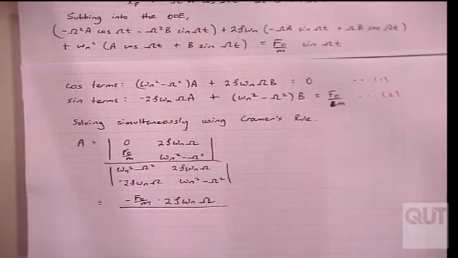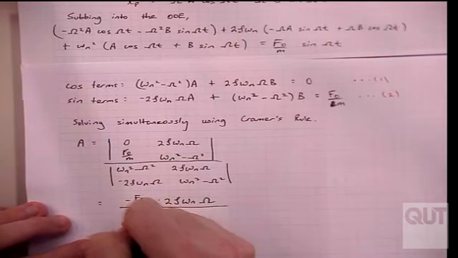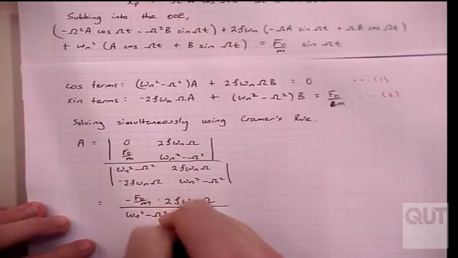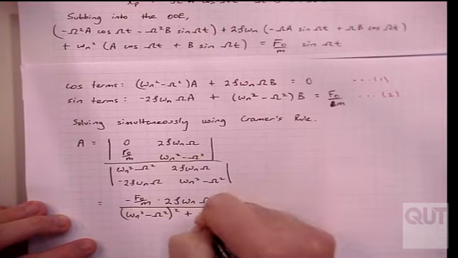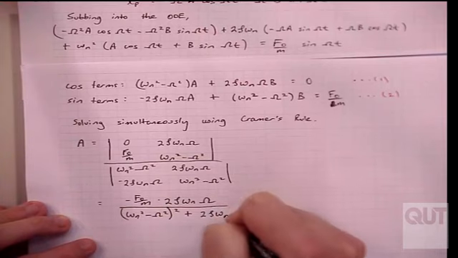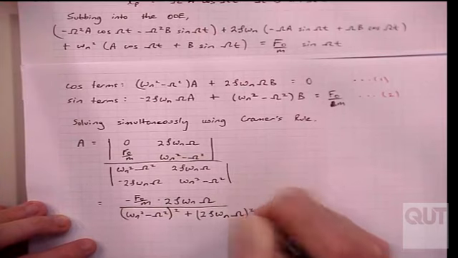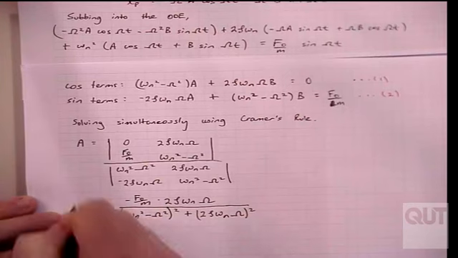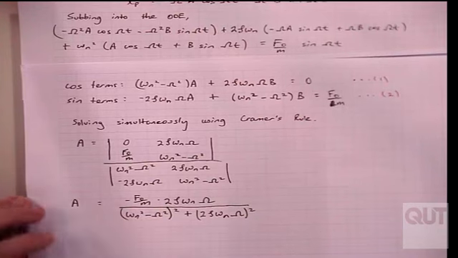And then we get the determinant of the denominator, AD minus BC. So that's what the coefficient A looks like, the coefficient of the cos term.